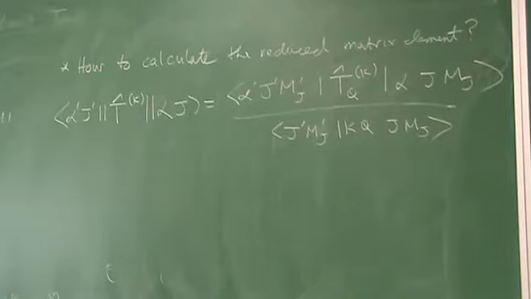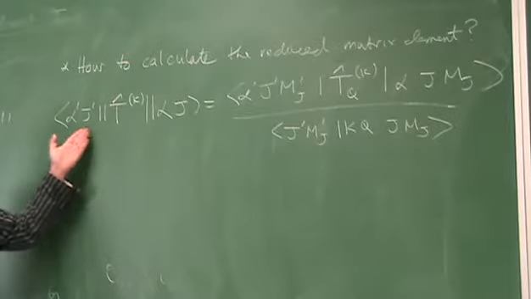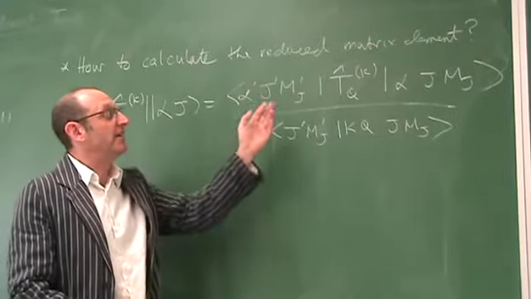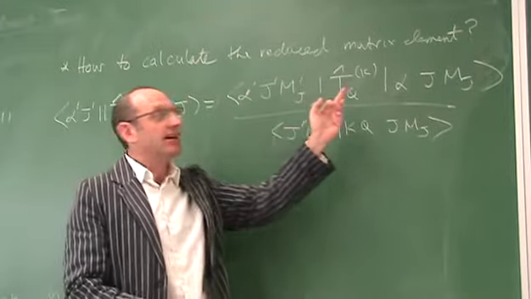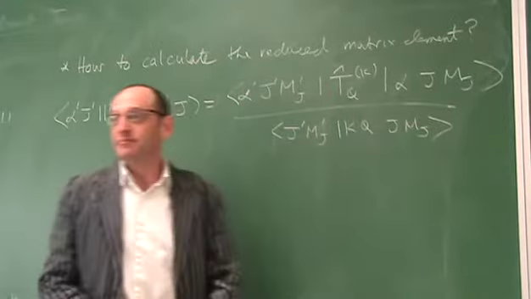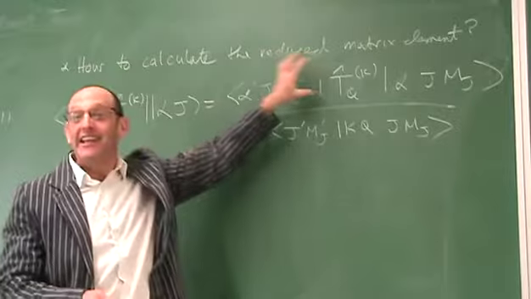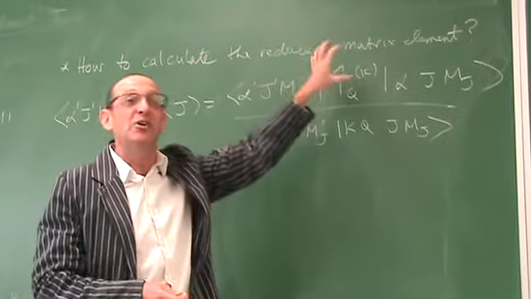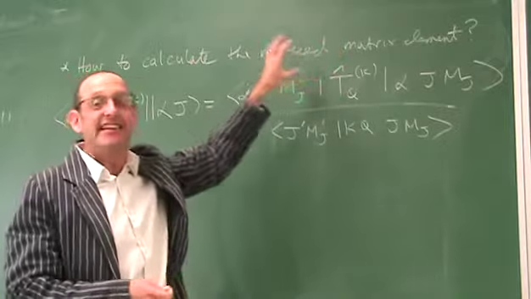So, what this means is that I can calculate this once for some convenient choice of m prime, m, and q. I actually have to calculate the full matrix element for some particular choice, and I do that for some choice that's as easy as possible.